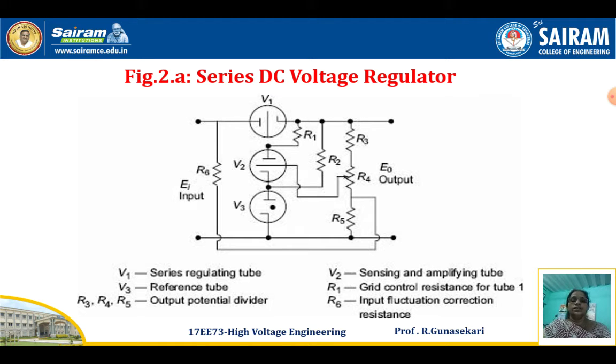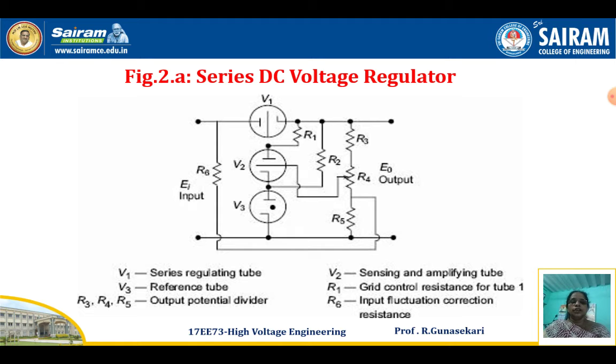The series DC voltage regulator circuit consists of V1, the series regulating tube. V3 is the reference tube. V2 is the sensing and amplifying tube, three tubes. R3, R4, R5 is the output potential divider. R1 is the grid control resistance for tube 1.